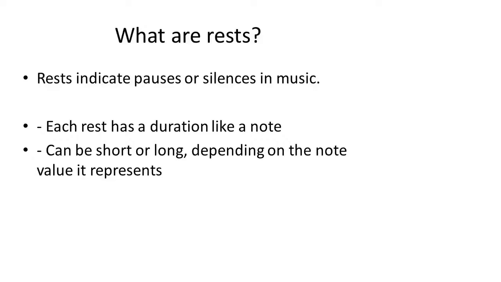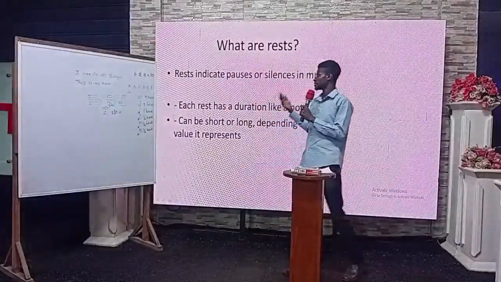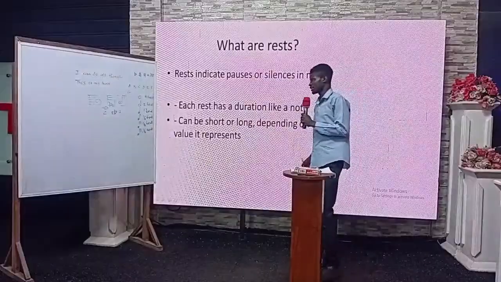Now, the difference between musical notes and rest is that when we have a musical note, we make a sound because musical notes represent sound. But when we have a rest, it means that we keep silent because musical rest represents pause or silence.